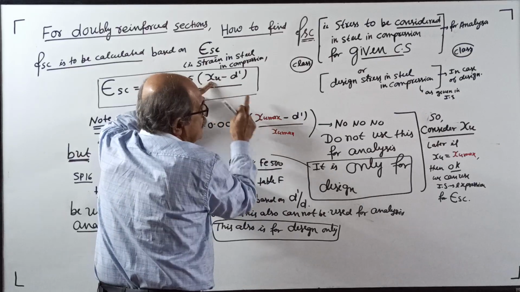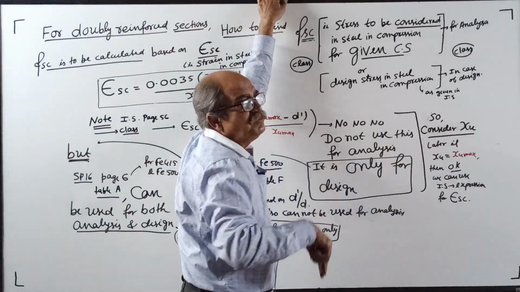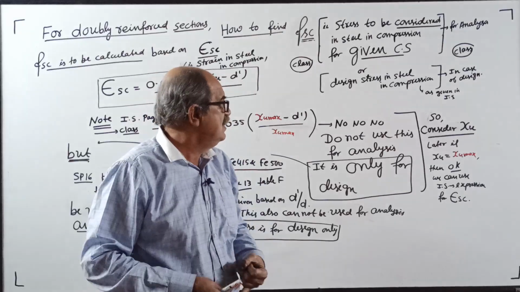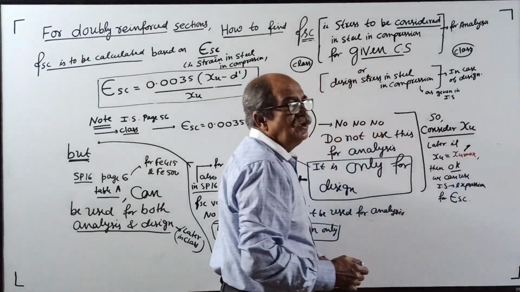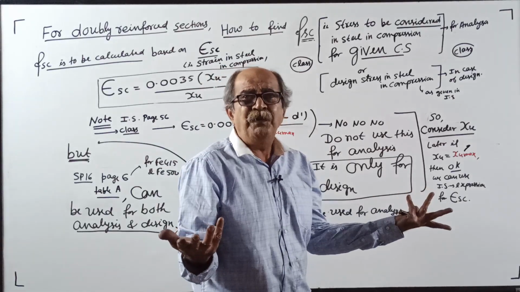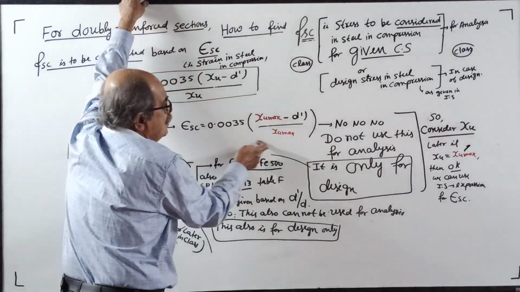Consider XU only. Later, if XU equals XU max, either for an over reinforced section or in case of a design problem, no problem, put XU equal to XU max, you get back this equation only.